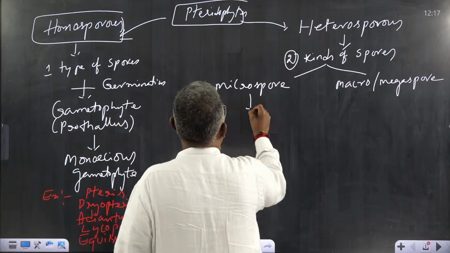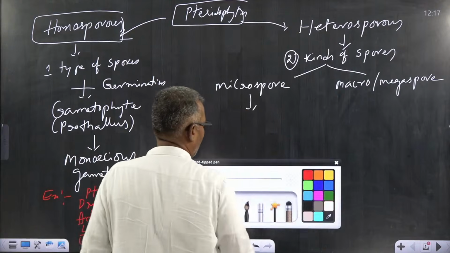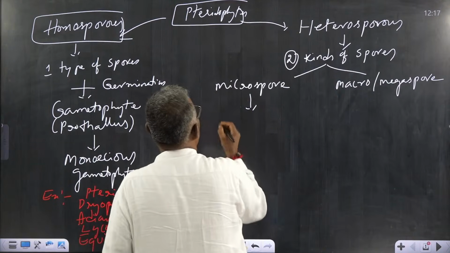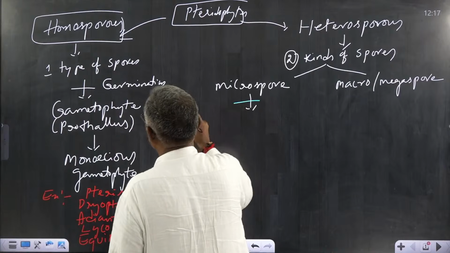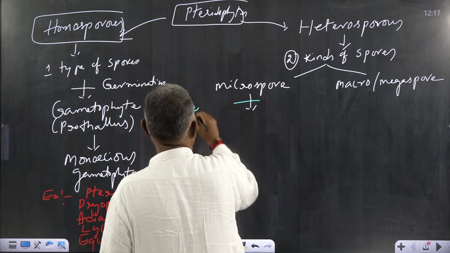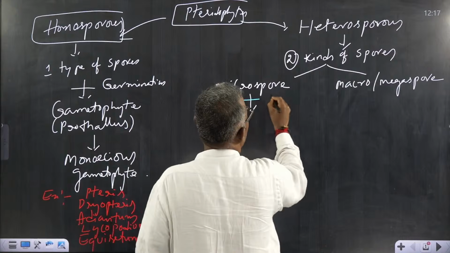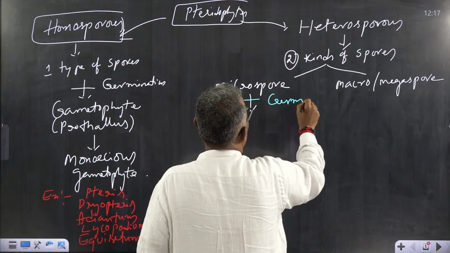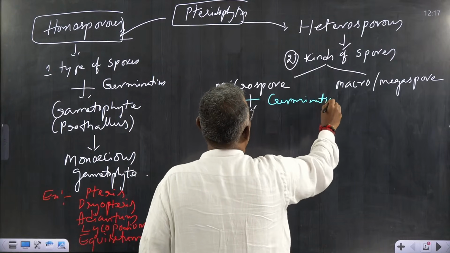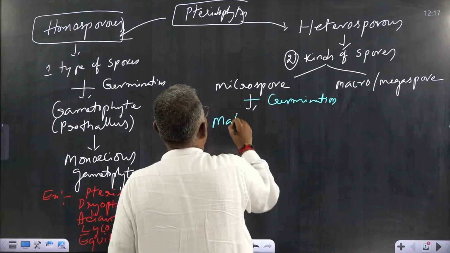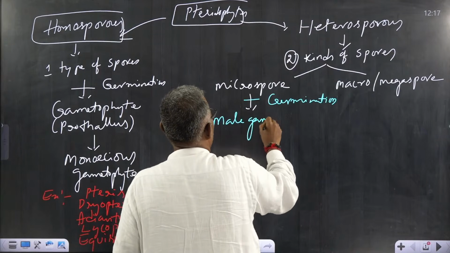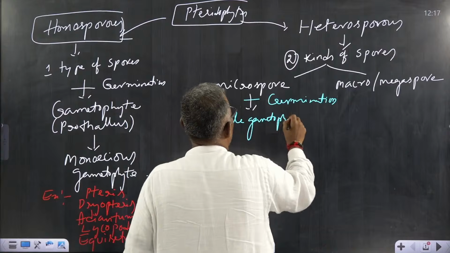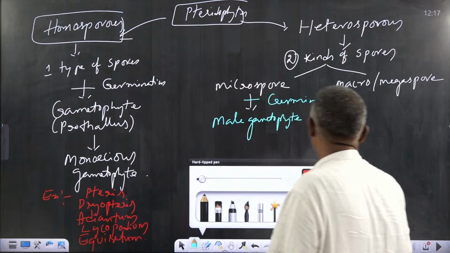Next, when it comes to the microspore, on germination it gives a male gametophyte.